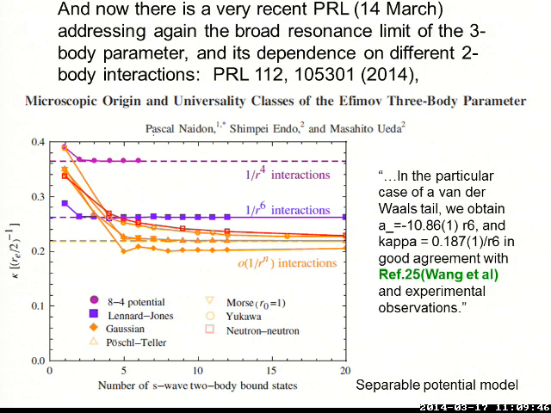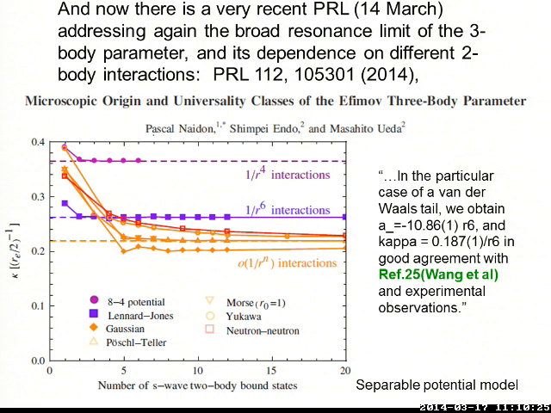Okay. So there is a very recent PRL, I think, just a week ago or so, by the Tokyo group, Pascal Naidon and Shimpei Endo in his group. And they've done a very detailed study using separable interaction models. They have a way to map these van der Waals two-body interactions onto a separable Hamiltonian, a separable potential, which they feel captures the van der Waals physics adequately.